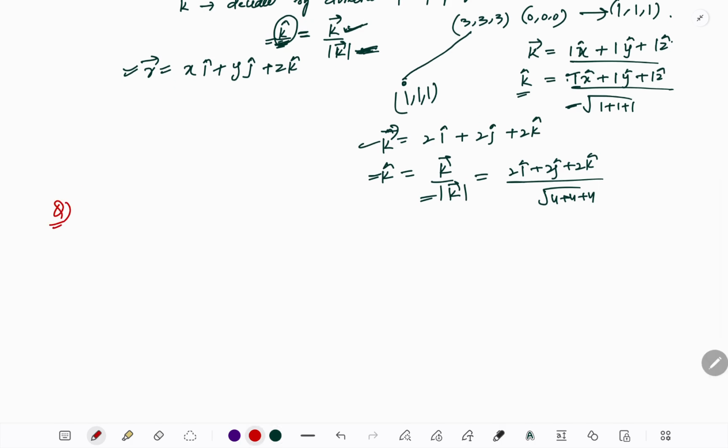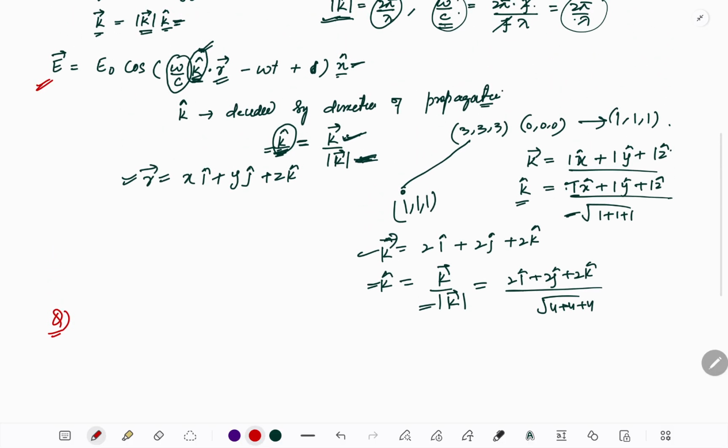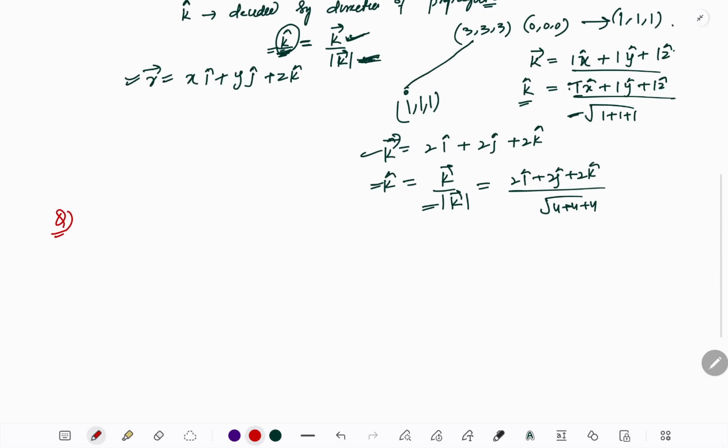So the question is: a wave is traveling, and we have to write down the electric field and the magnetic field. So this is the electric field, and then we'll also understand from the question how to write the magnetic field.